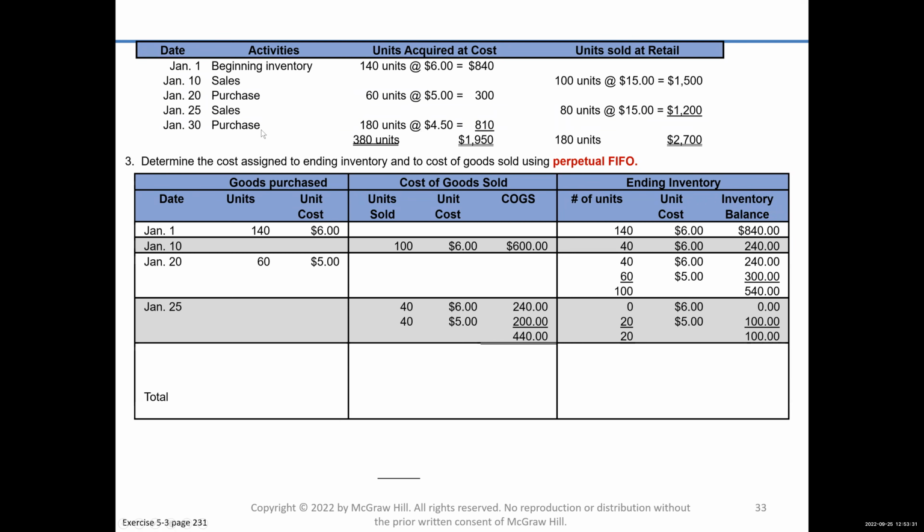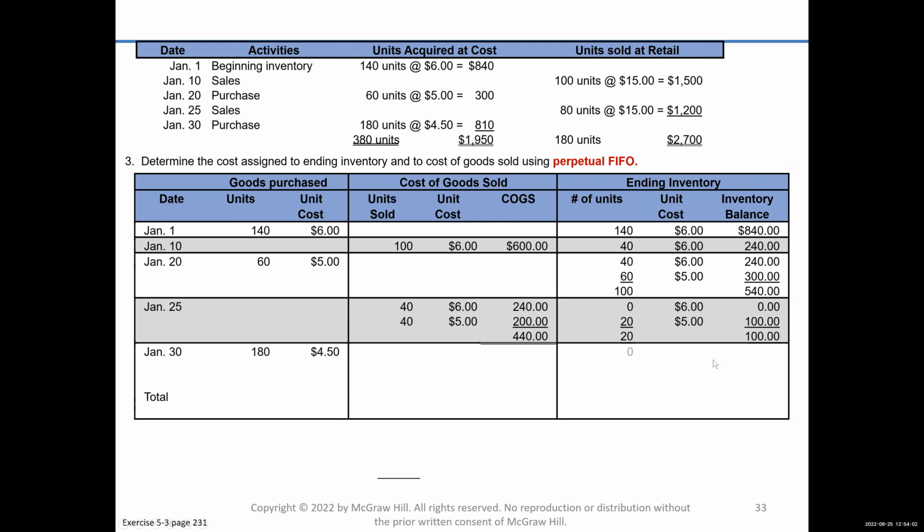Last but not least, we purchased 180 units on January 30th at $450. So we're going to purchase them at $450. So what we need to do, though, is take this layer down. The publisher did this. They're going to take this layer too, but I wouldn't even do it because it's 0.